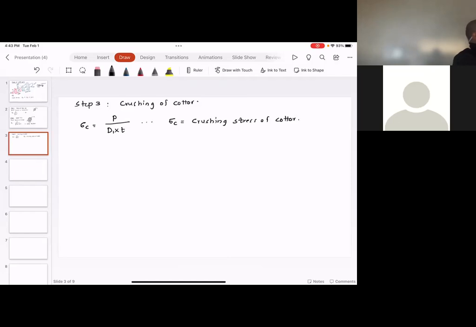Many a time, quarter could be made up of a different material than the spigot and socket. So when you are going to consider the failure of quarter, you have to take into account the failure stresses for the quarter material. So sigma C is the crushing stress of quarter.